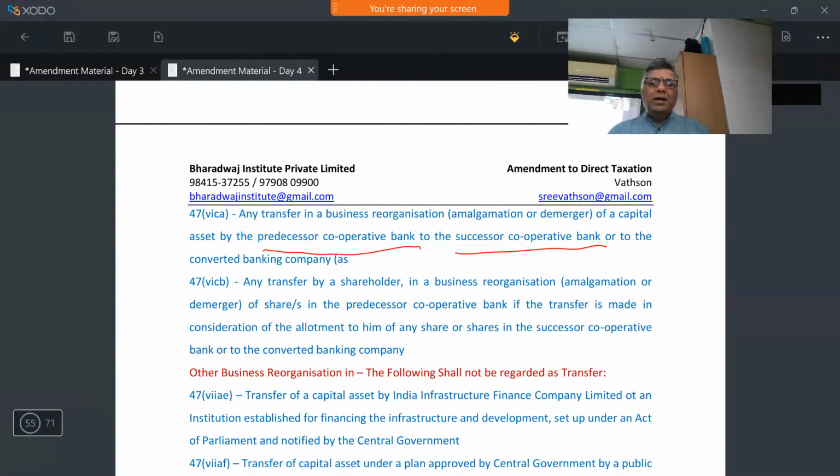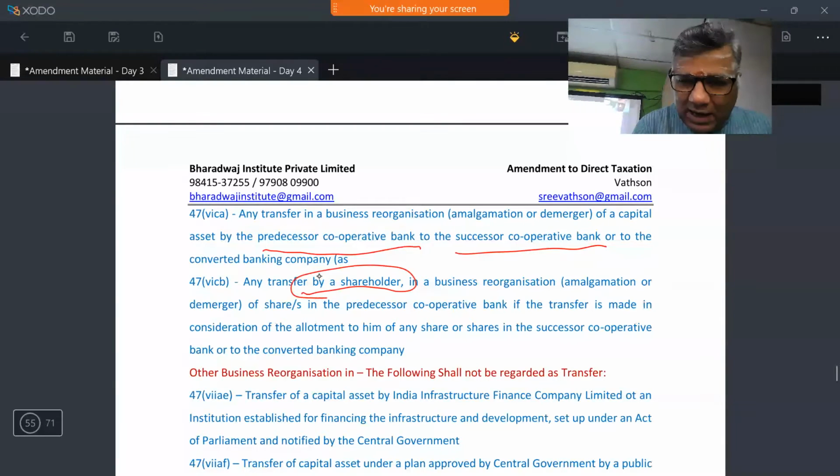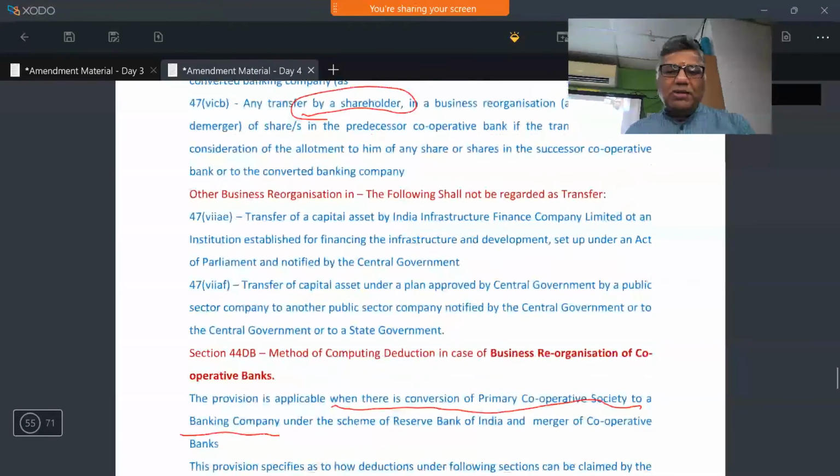Okay, and any transfer by a shareholder, that is for the entity, this is for a shareholder in a business organization, predecessor cooperative bank, so the shareholder will get it allotted. Am I clear to you? Okay, this is for cooperative society.